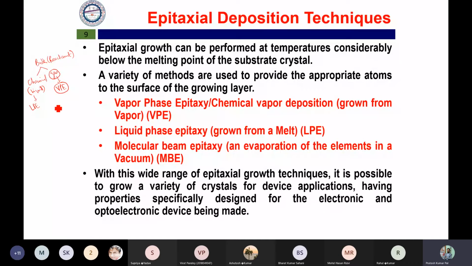In molecular beam epitaxy there will be no chemical reaction taking place.